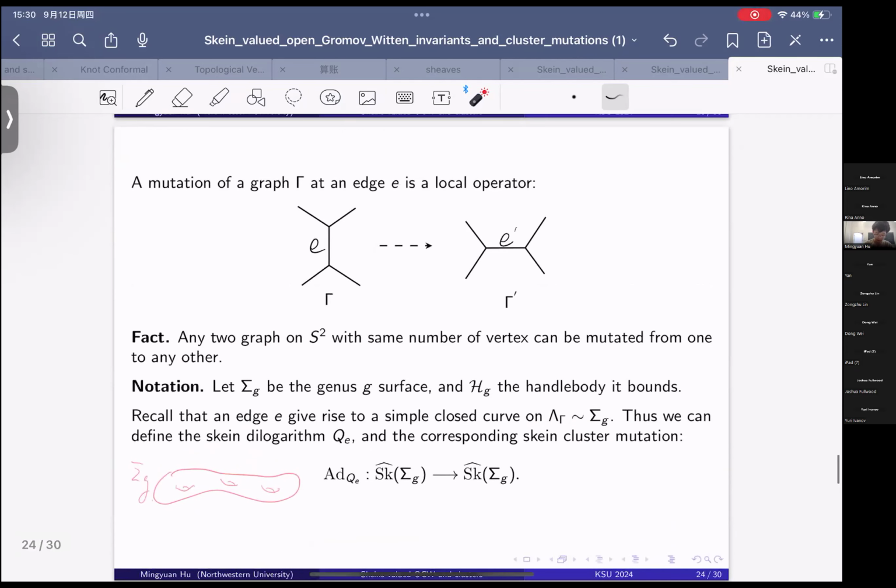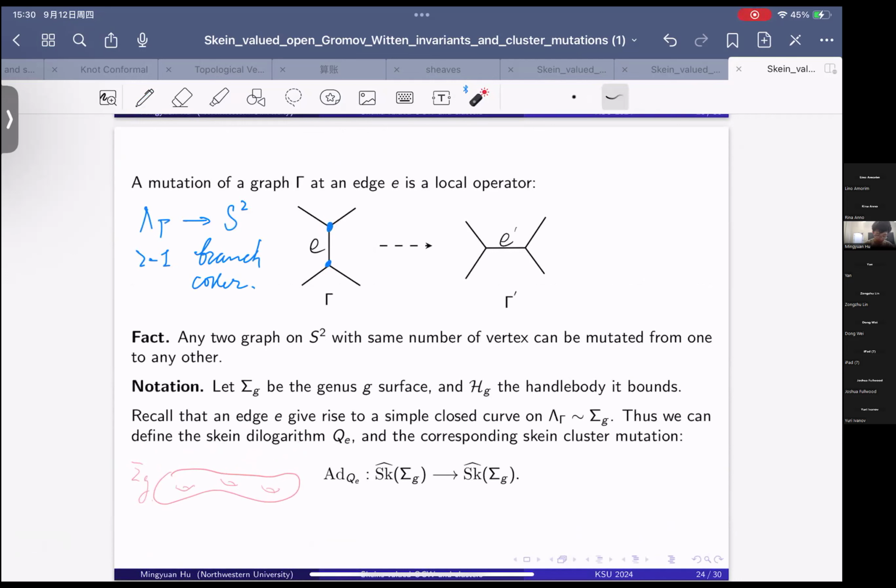Recall that our lambda gamma has a 2-to-1 branch cover to S2, and the branching points are exactly the vertices of this gamma.